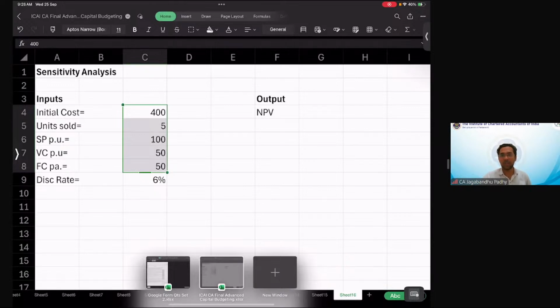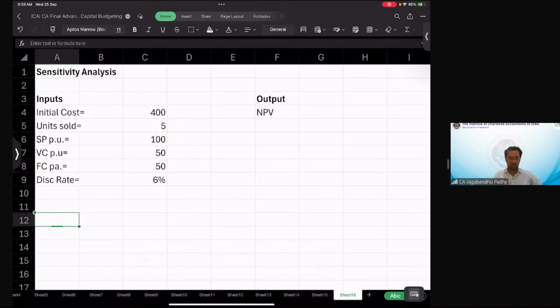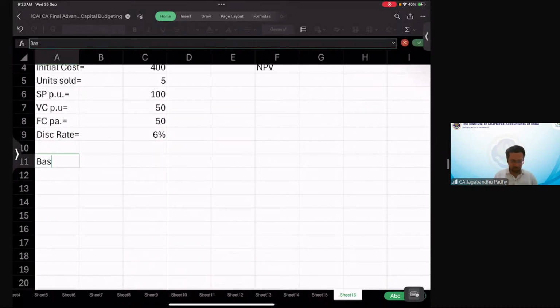Because any variable having a greater impact on the NPV needs to be dealt with carefully so that the project doesn't become NPV negative. So let's first compute the base case NPV.